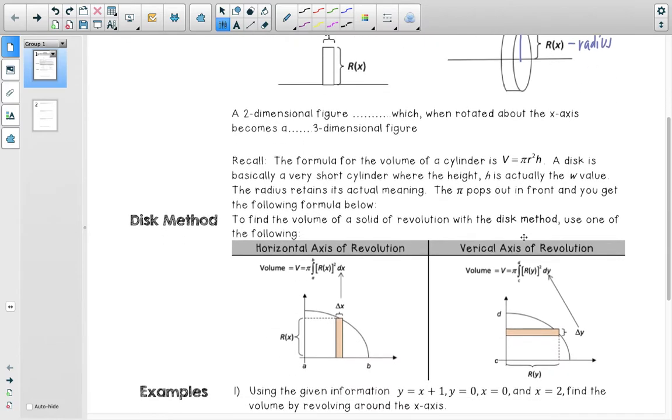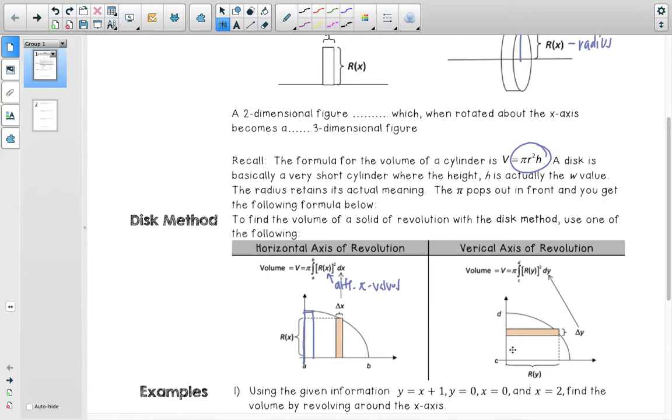In this equation, pi is kicked out, and this is all based off that equation. The radius of this squared would be this chunk. And it's different at different parts. So that's why they put the r of x, because different x values yield a different radius. So you have to do it as a function and not actually straight out radius.